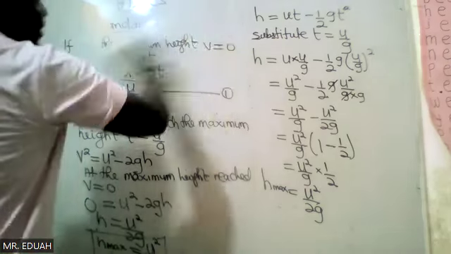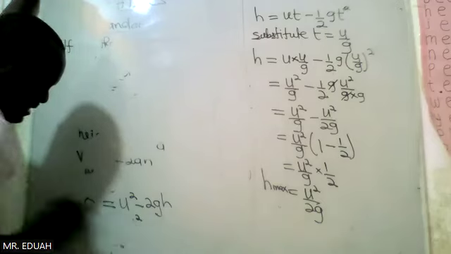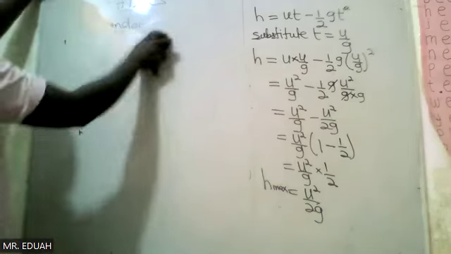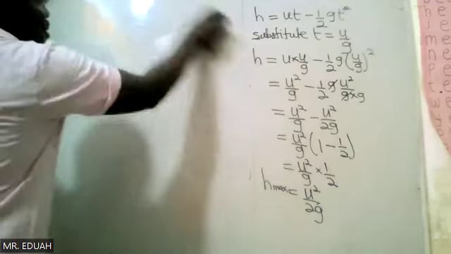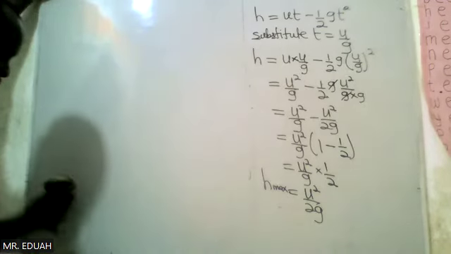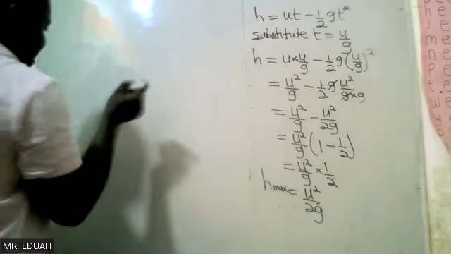Now, if someone is standing on a tower or a building, what can also happen? Different things can happen. So let's look at the object projected from a height h above the ground.